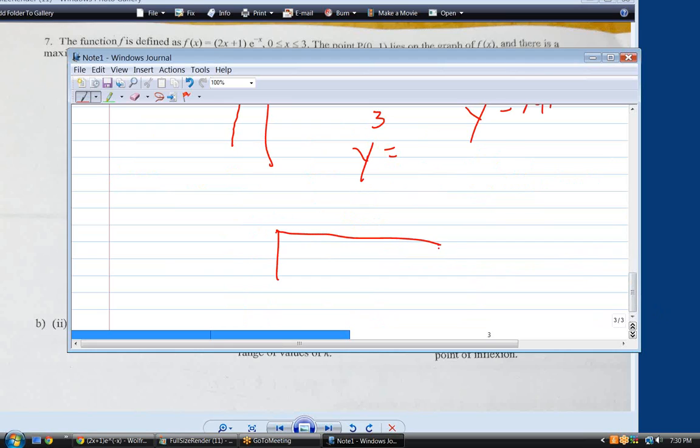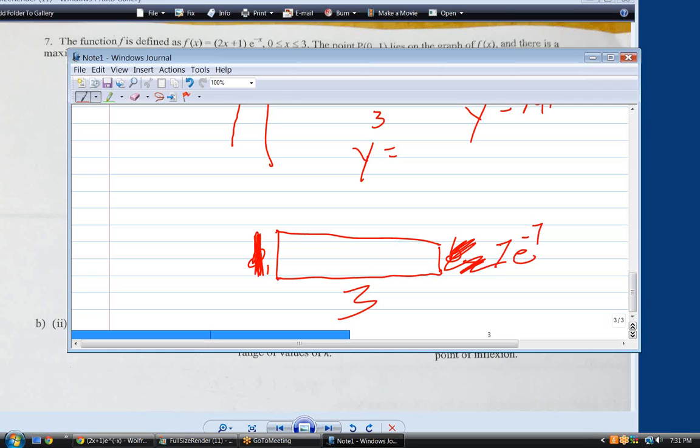It's 1/2 base 1 plus base 2 times its thickness, 3. We know base 1 is 1, and base 2 is 7 times e to the minus 7th.